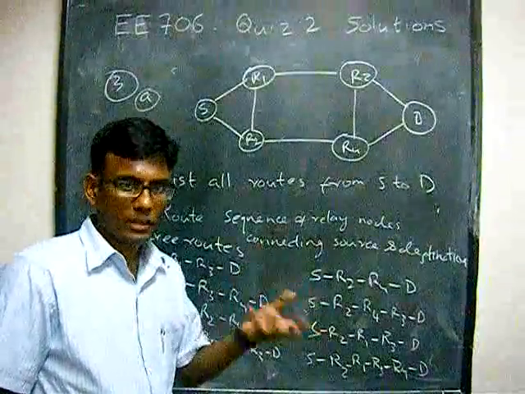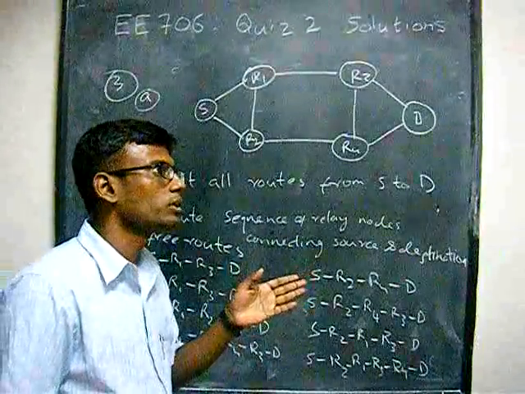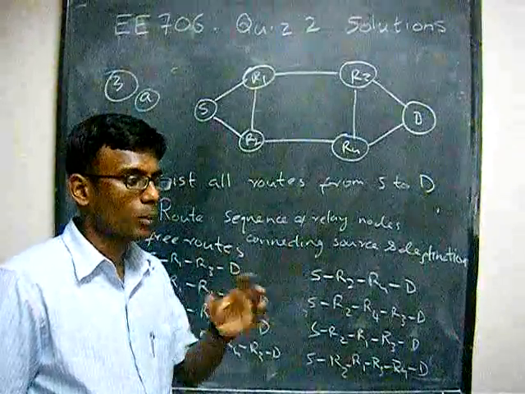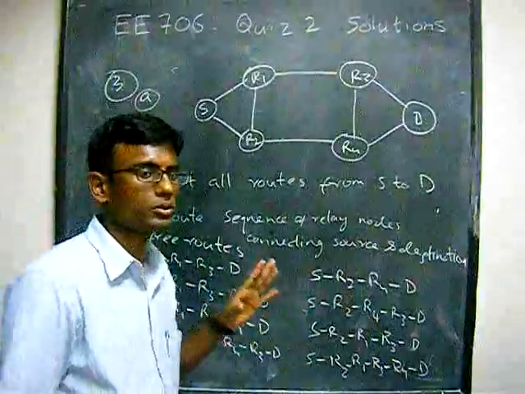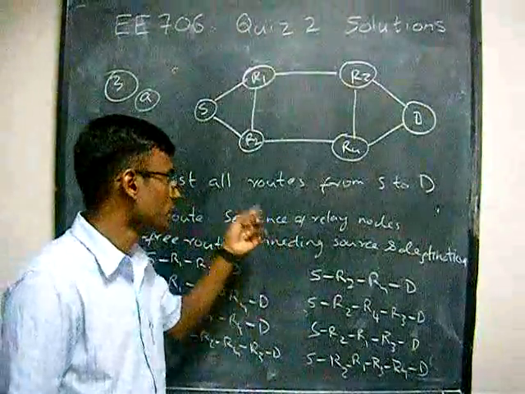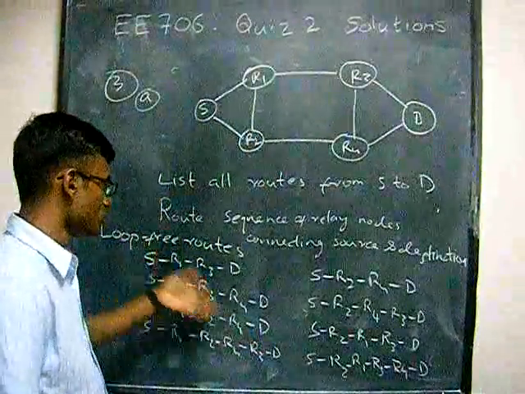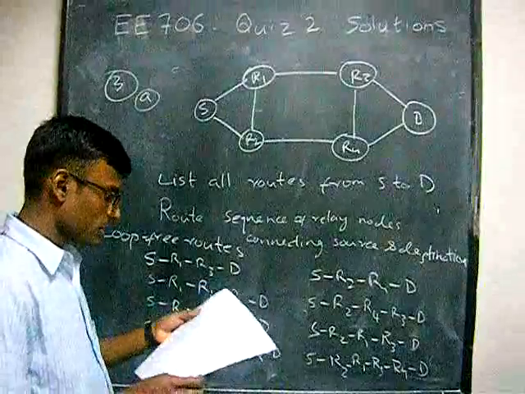A good routing algorithm will get rid of those loops, but an intermediate stage, where a route is still being optimized, may still contain a loop. There was only one person who identified that loops are possible, but I gave full credit to anybody who came up with these loop-free routes. So that was 3A.